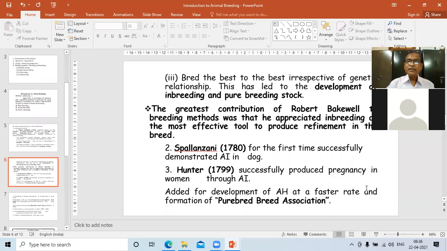So that's why the best sire is to be chosen, because the sire is not producing the milk directly, but it transmits the genes for milk production to the daughters. Okay? This is the system. That's why we always give importance to the sire, not to the dam, because a sire can produce many progeny within a quick succession of time.